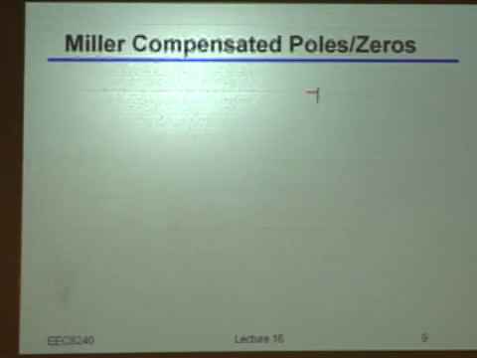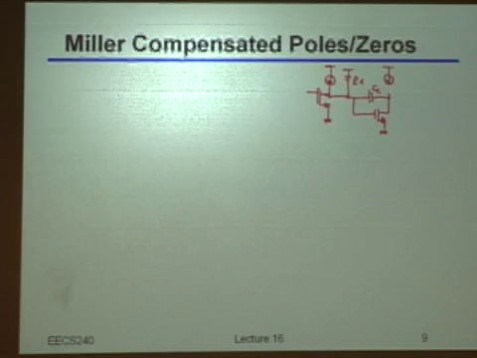So let's redraw the amplifier so that we can have a reasonable expression for those. I have the first stage, and then R1, and then CC, R2, and C2.